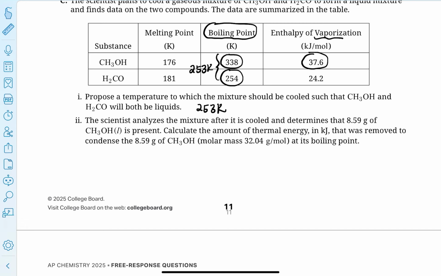So I don't have 1 mole of that, I have 8.59 grams. So let's first change grams to moles using my mole formula, or you can use dimensional analysis. We're going to divide mass by molar mass, and I'm going to figure out that I have 0.2681 moles of CH3OH.